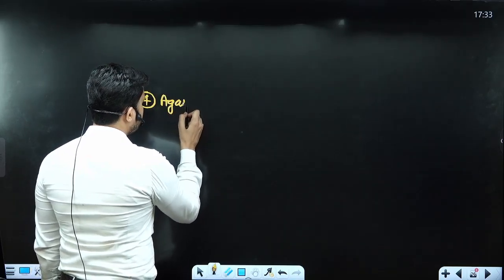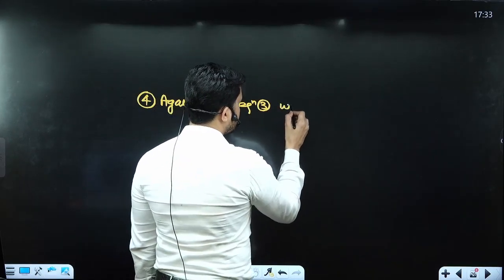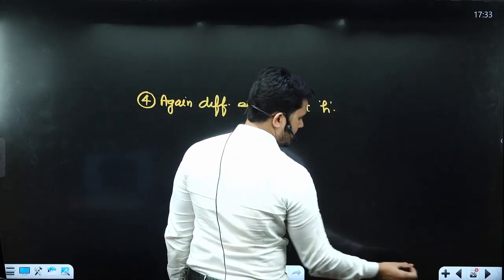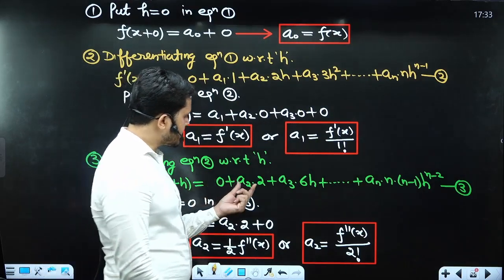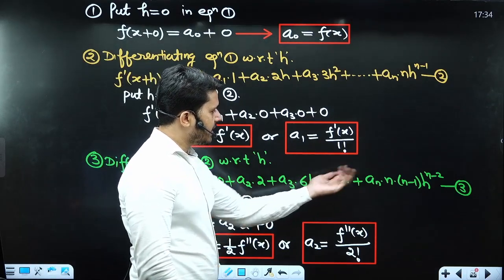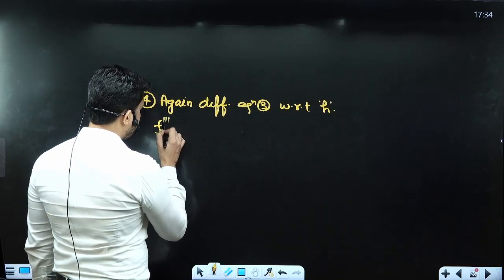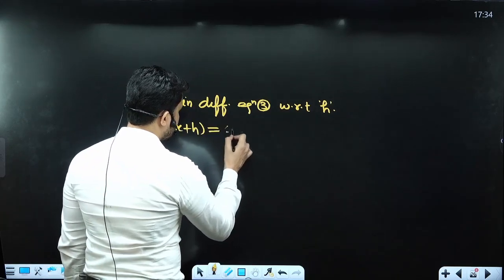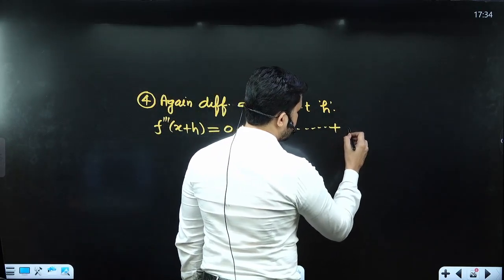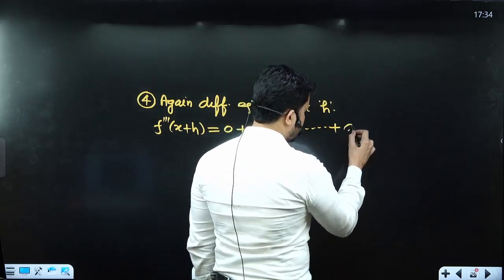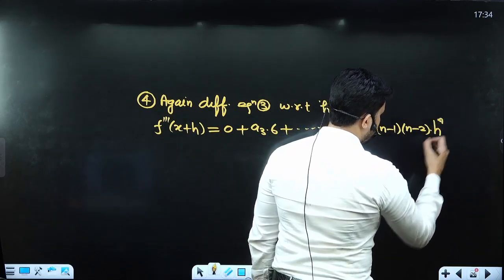Again differentiating equation 3 with respect to h, what will happen? f triple dash of x plus h is equal to, on the right hand side, a2 into 2 will become 0, a3 into 6, and the rest of the terms will contain h, and the last part will be a n into n into n minus 1 into n minus 2 into h to the power n minus 3.